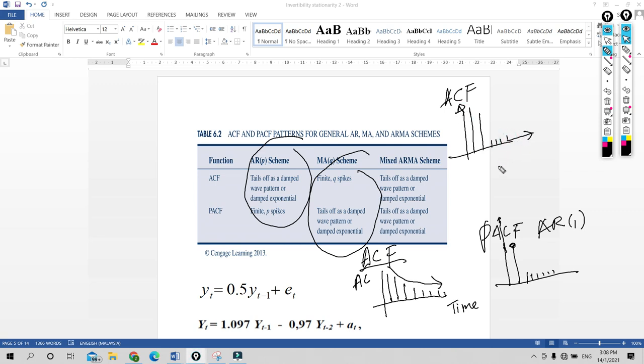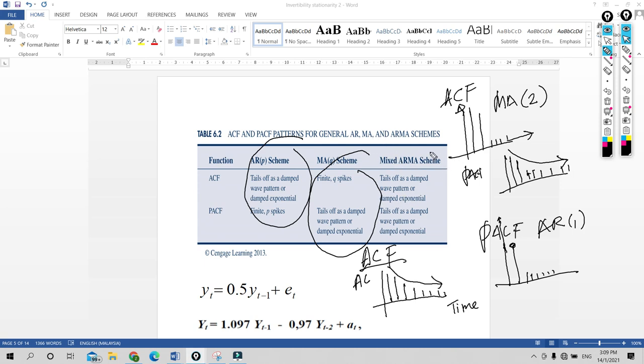Then let's say my PACF graph is exponential, decaying exponentially, just like that. Then this can be considered as an MA model because you have two spikes here. This is considered as an MA2.